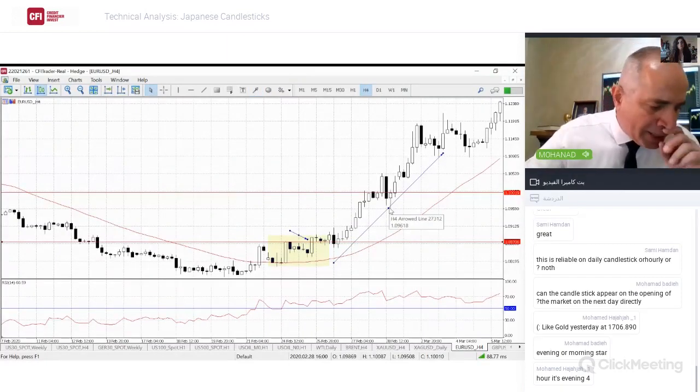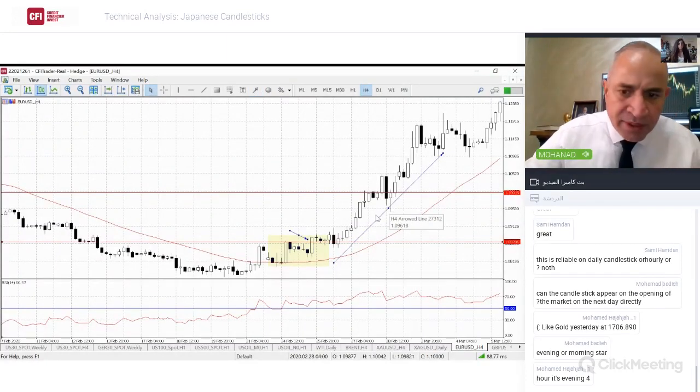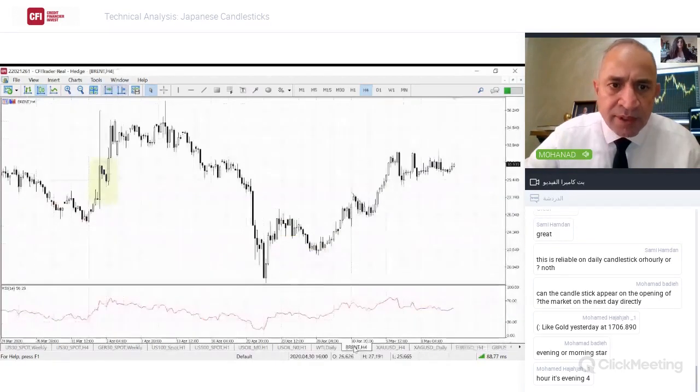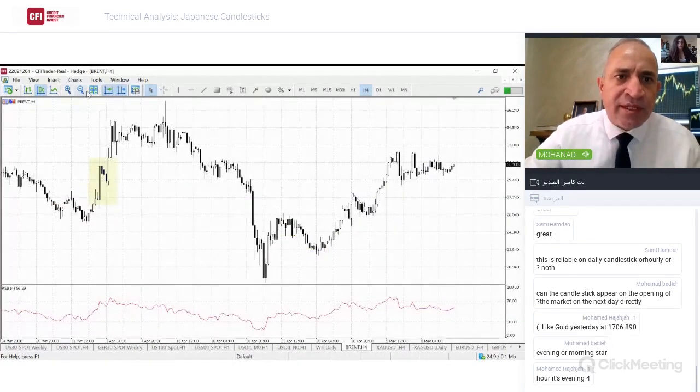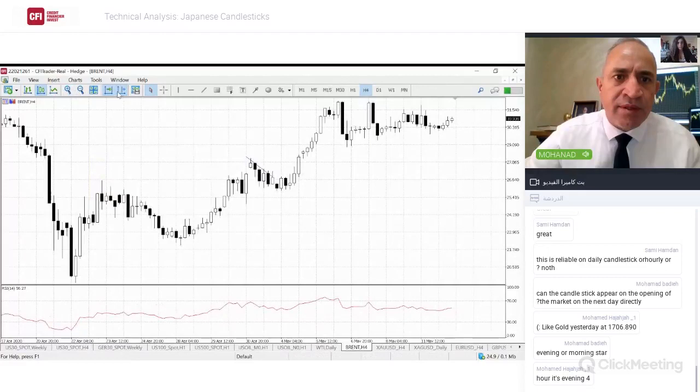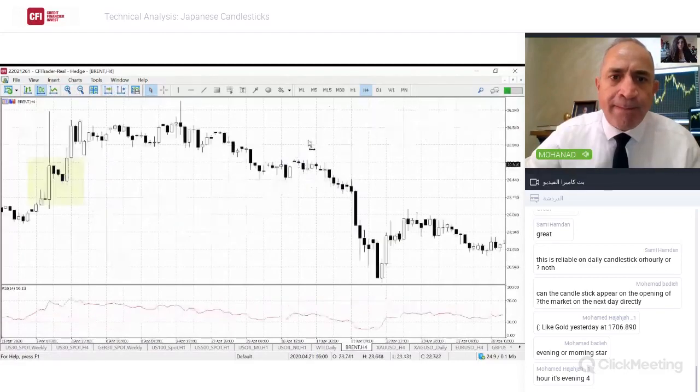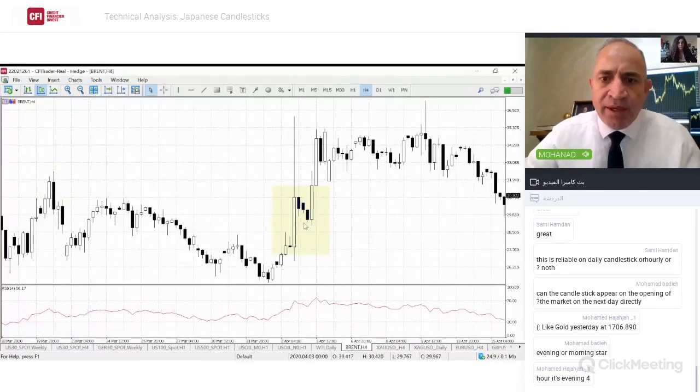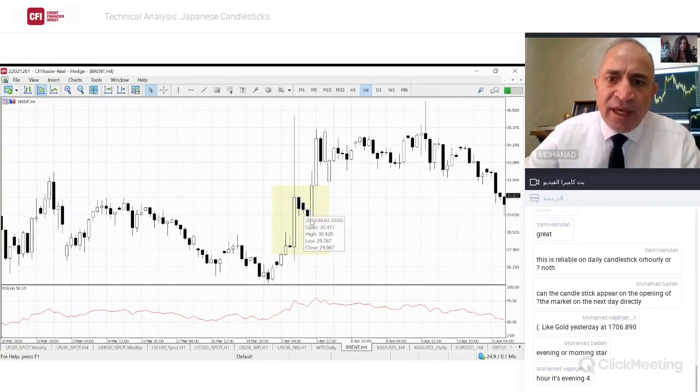I have another example, Reem. Here we have another example. A long white candle on Brent oil prices, followed by three short black bodies, and ending with a new white candlestick.